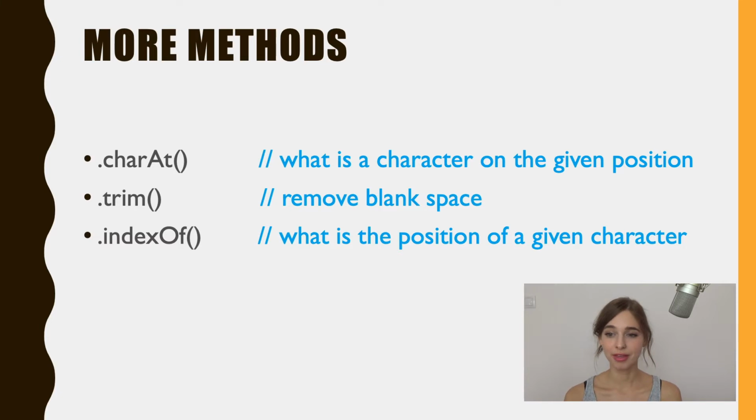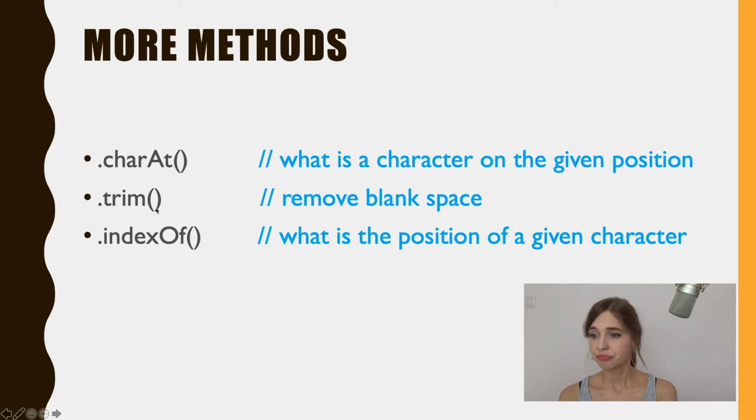We've got some more methods. We've got hundreds and thousands of methods for strings, but I just listed these few. I hope you guys will play around with them and also find out what other methods for strings exist. It's going to be very useful for your future work. So we've got charAt, or char at, I think either is good to say.